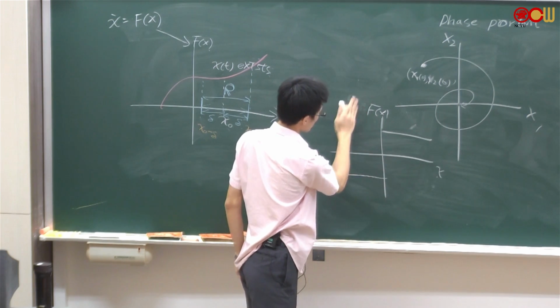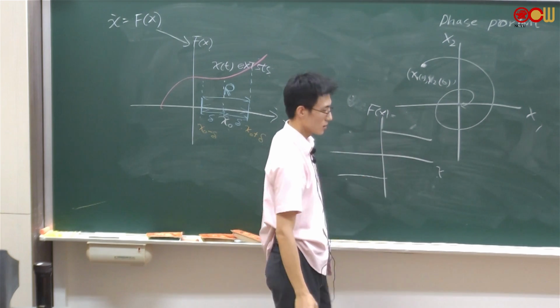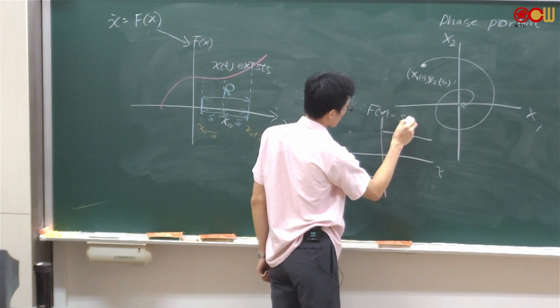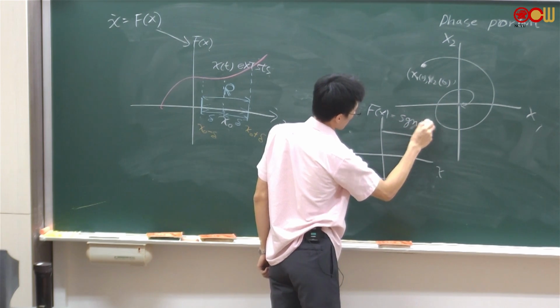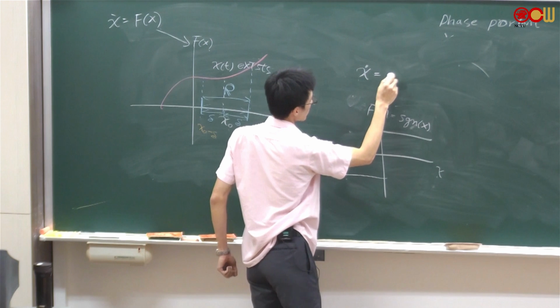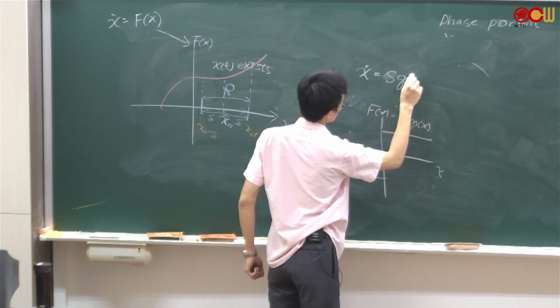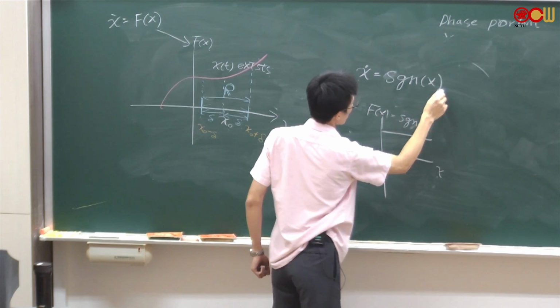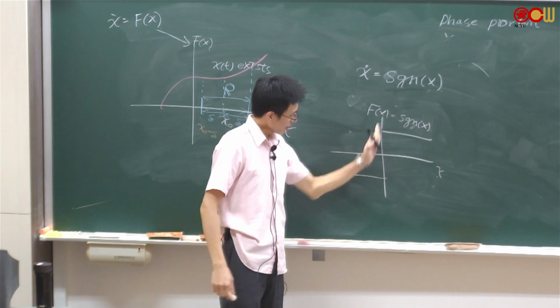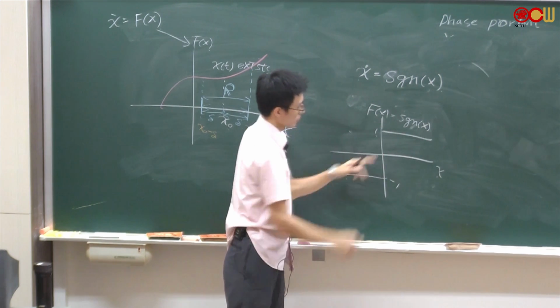Given this function, when x is on the left-hand side it is -1, and on the right-hand side it is 1, for the sine function.